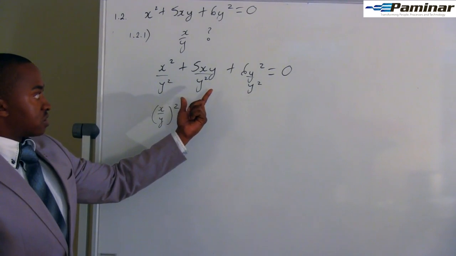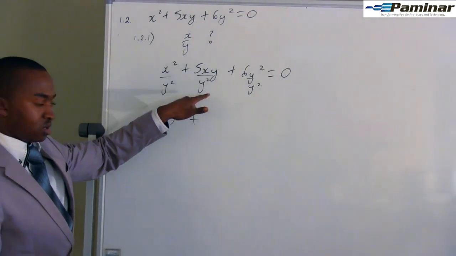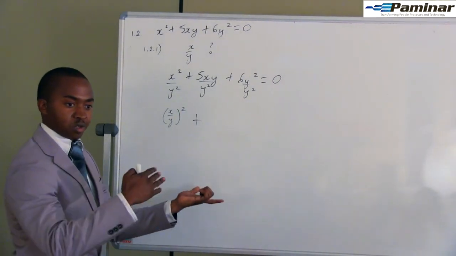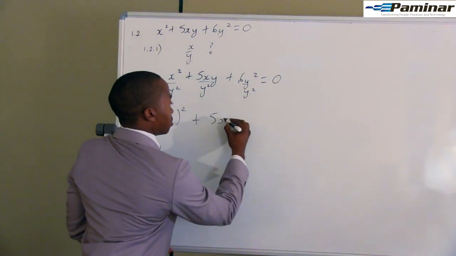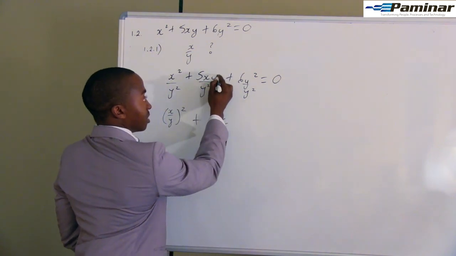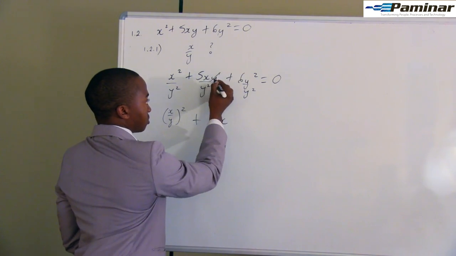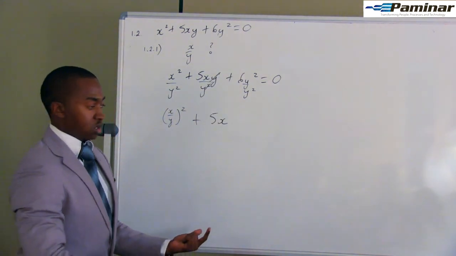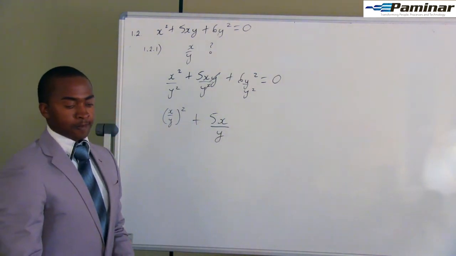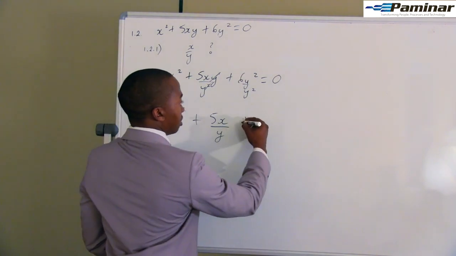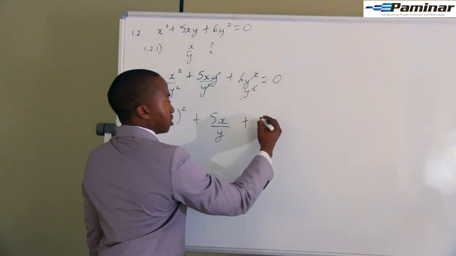Using your laws of indices, we know that these somehow should cancel, or you could bring the y on top, depending on how you want to do it. But let's simply do this. That y is to the power 1. This should cancel with that square. In other words, you'll be left with 5x over y. Then lastly, this y squared and that y squared, they cancel, and you're left with 6.